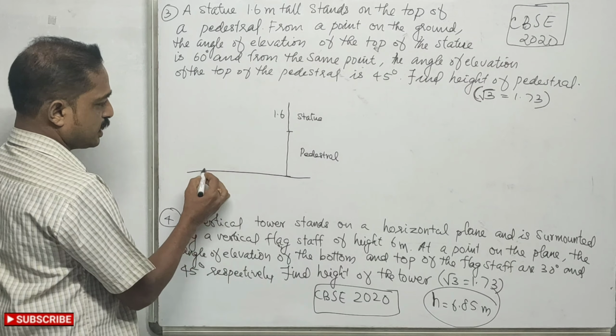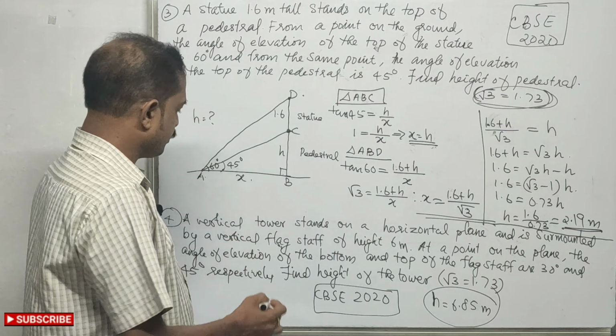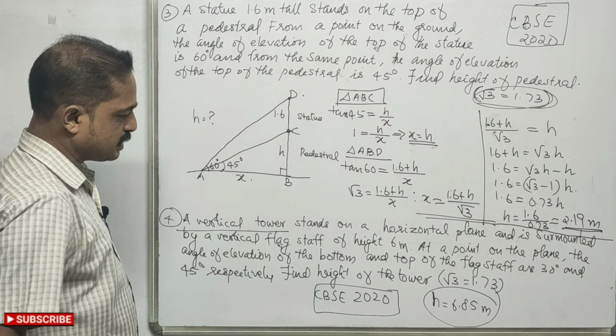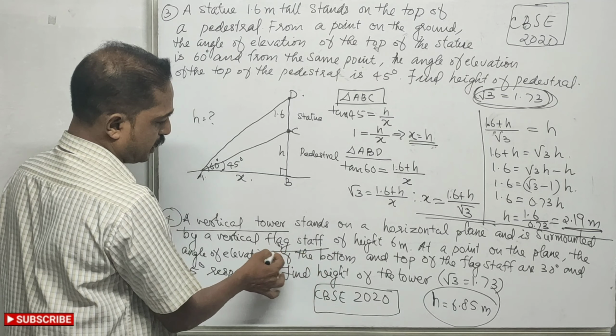See, now let us go to the next problem. A vertical tower stands on a horizontal plane and is surmounted by a vertical flagstaff. So this problem is concerning a vertical tower, and this tower is surmounted by a flagstaff.